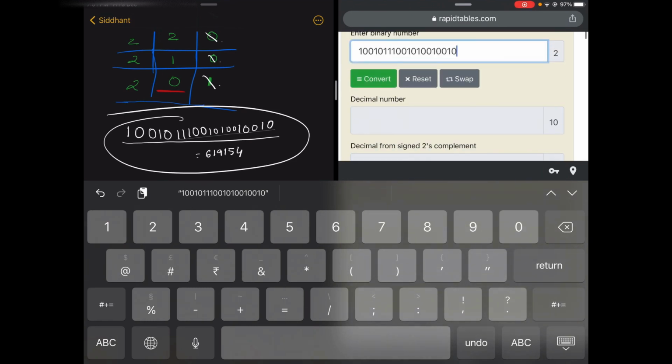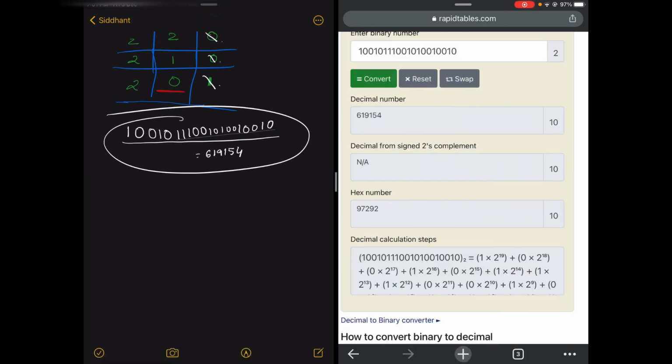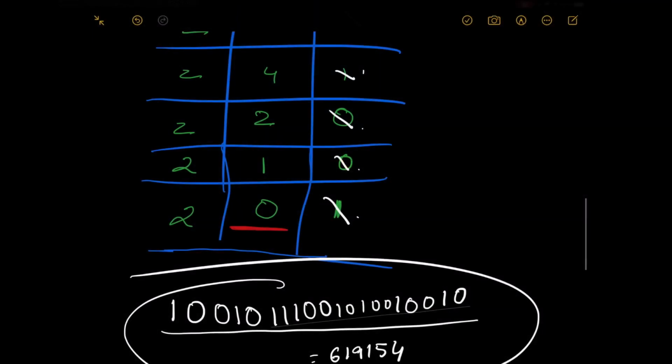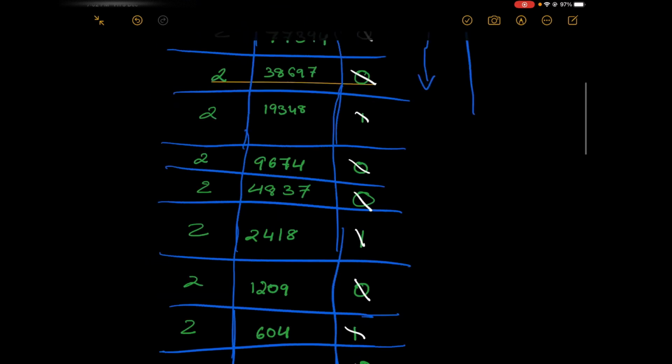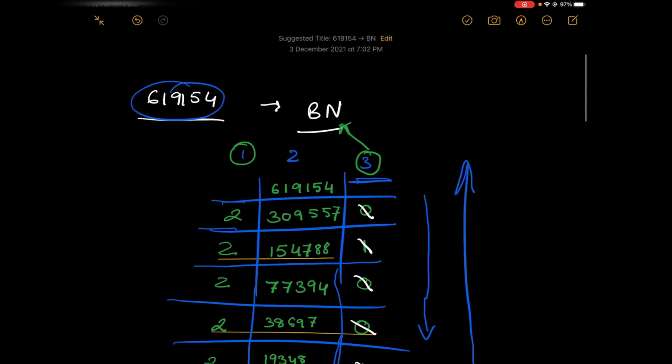And now we are going to convert this. So here it is. We have 619154 in the decimal number, the same number which we selected. So this is how you can convert any number into binary code.